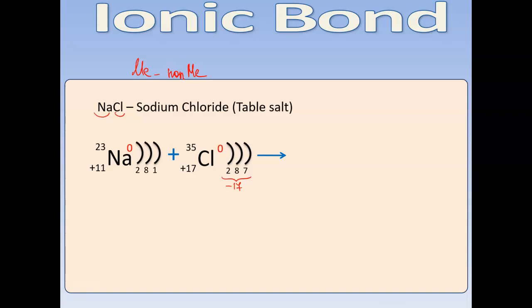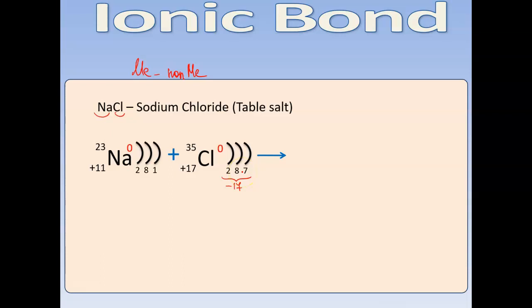But we cannot see 8 electrons, right? We see that sodium has only 1 electron on its outer shell, and chlorine has 7 electrons on its outer shell. They are unstable.